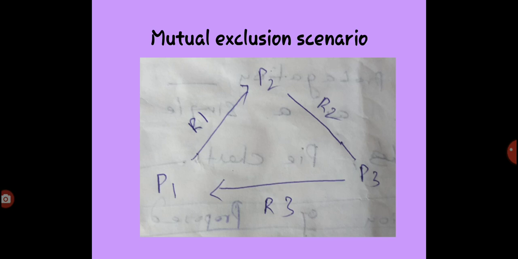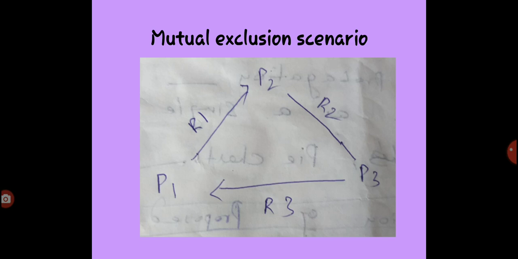This is an example scenario for demonstrating mutual exclusion. There are three processes and three resources. Firstly, P1 was using resource 1 and now it is releasing R1 to P2. P2 was using R2 and is now releasing it to P3.